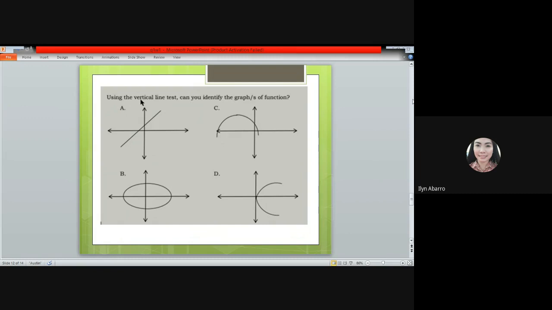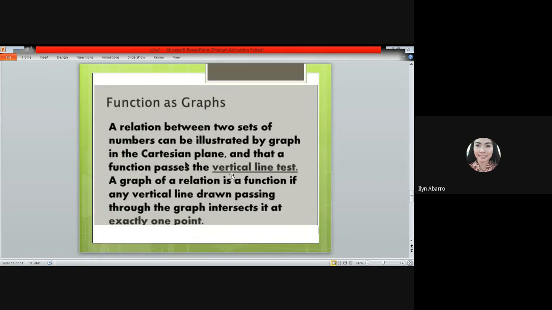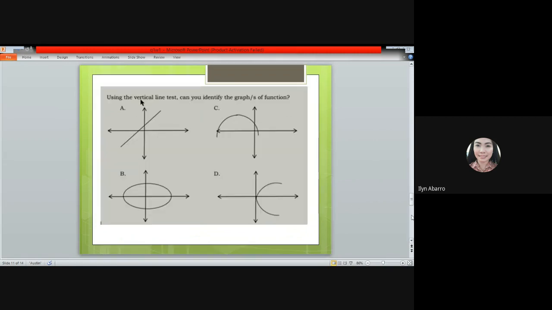That is what the definition says, right? It passes through exactly one point. Okay? Let us move on.